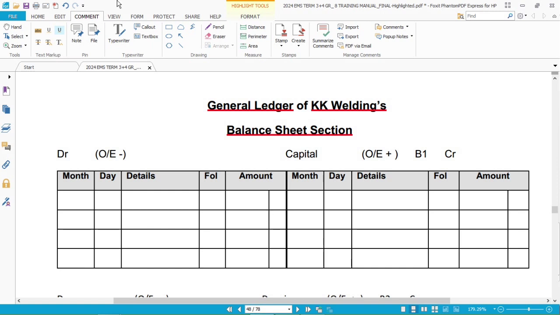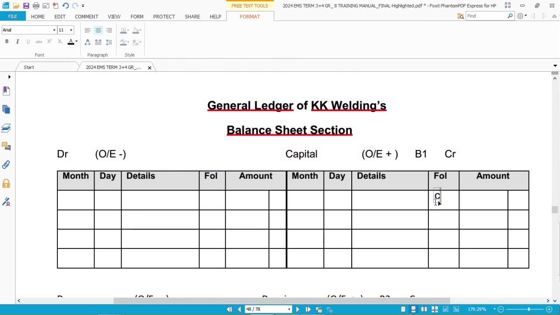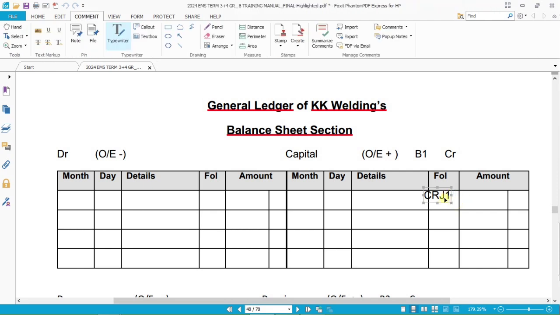Before we even go to the cash receipts journal, I want to write here CRJ. Make it capital, CRJ 1. Okay, I'm gonna put it over here.